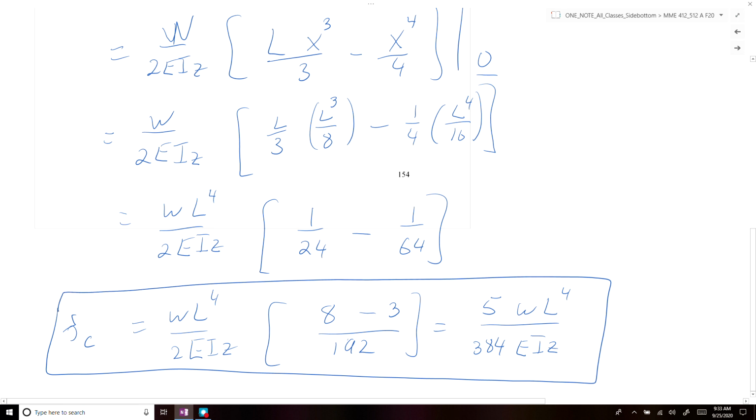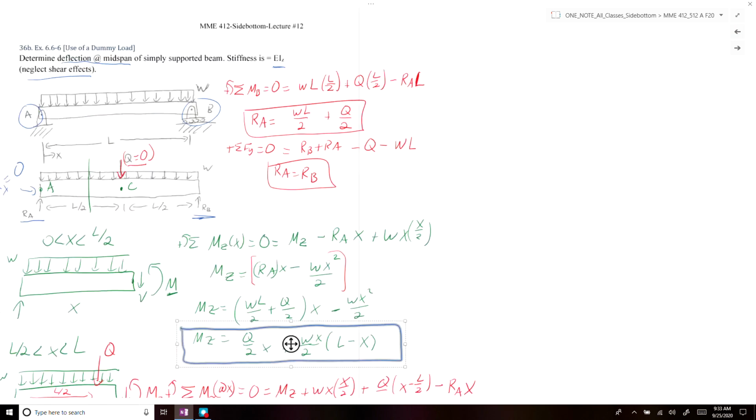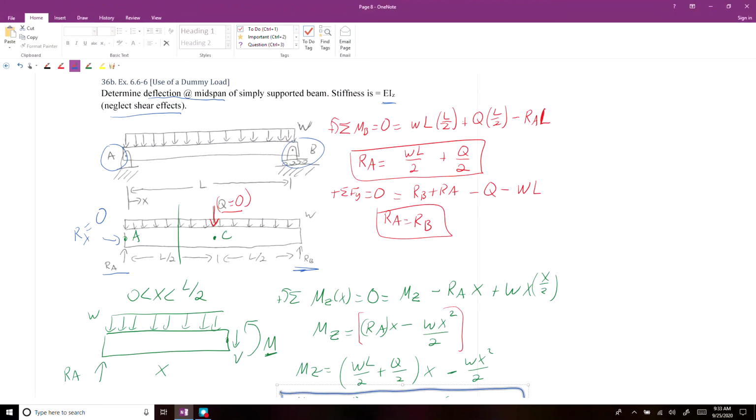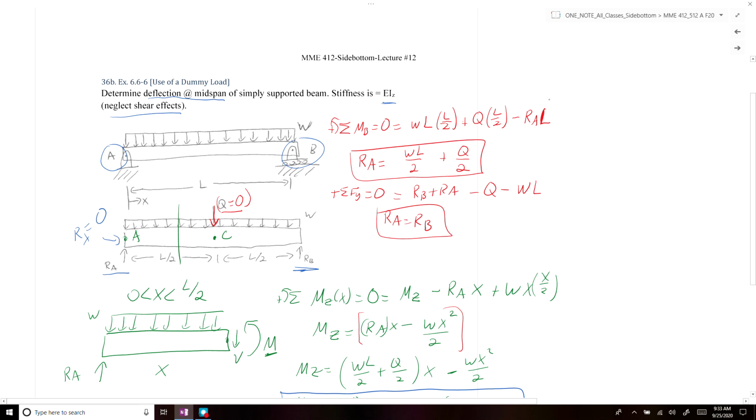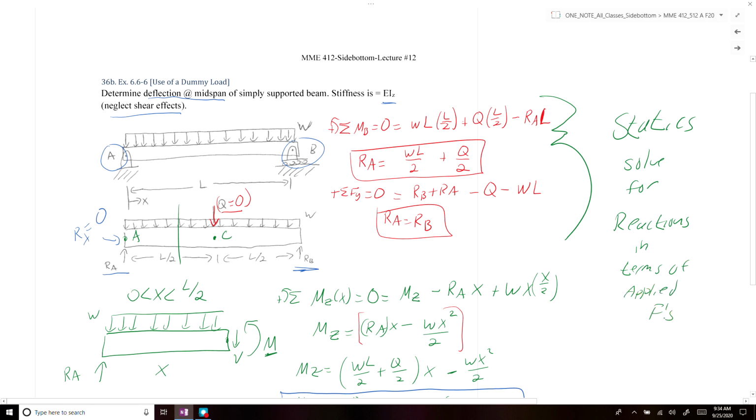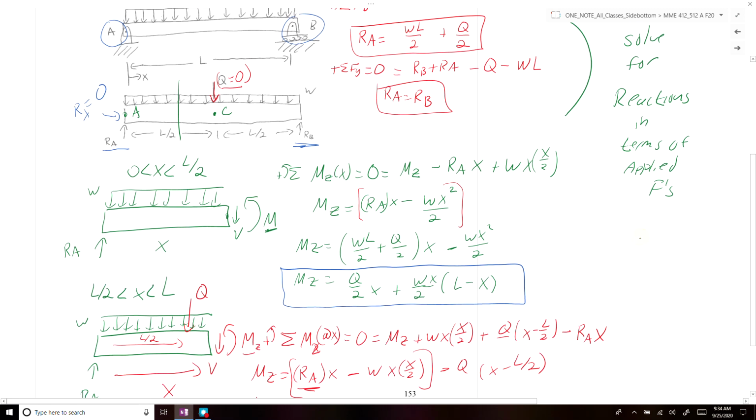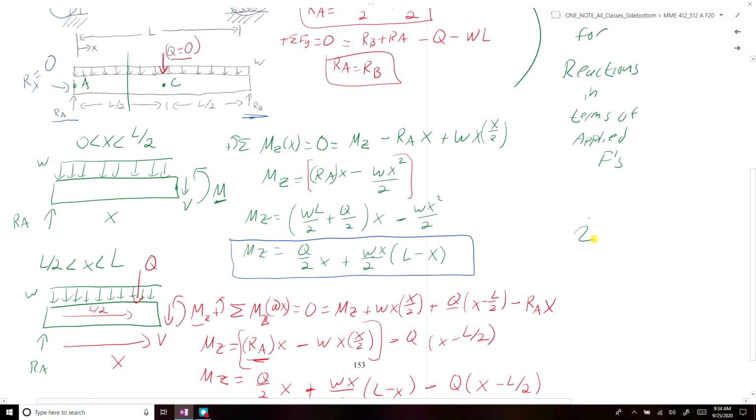Okay, so just to recap the major steps of the problem. The first thing we need to do is use statics to solve for our reactions in terms of the applied forces. The second thing we did is calculate our moment as a function of x.